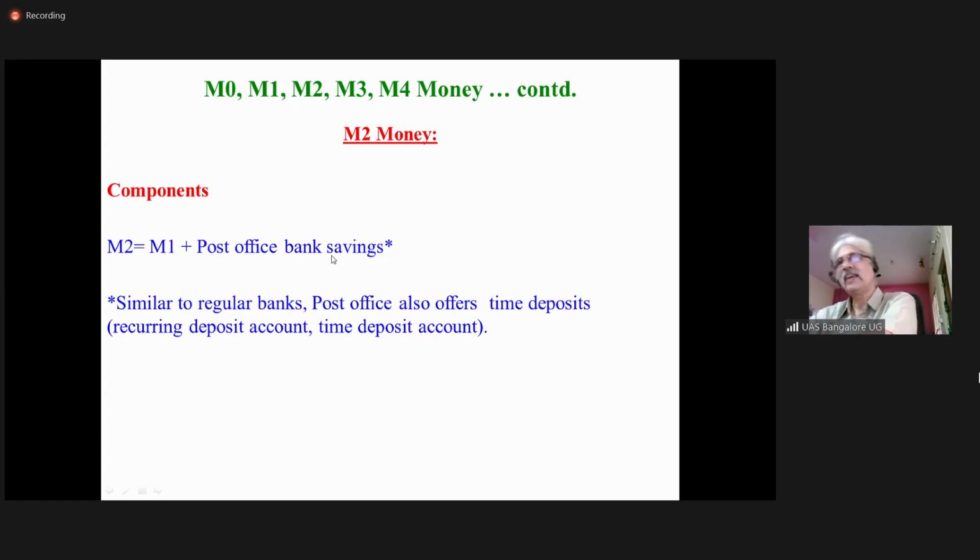But when we say post office bank savings, here we count the post office savings only. So time deposits in the post office are not included. It is only the savings bank. So M2 money is nothing but M1 money plus post office savings account amount.